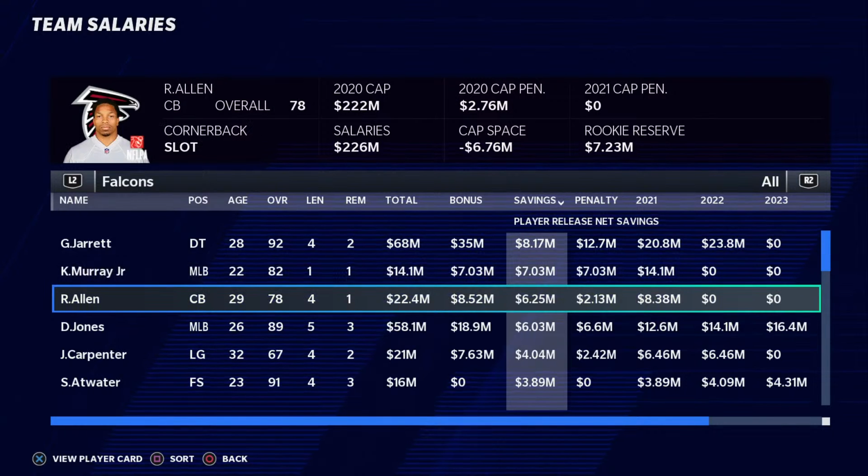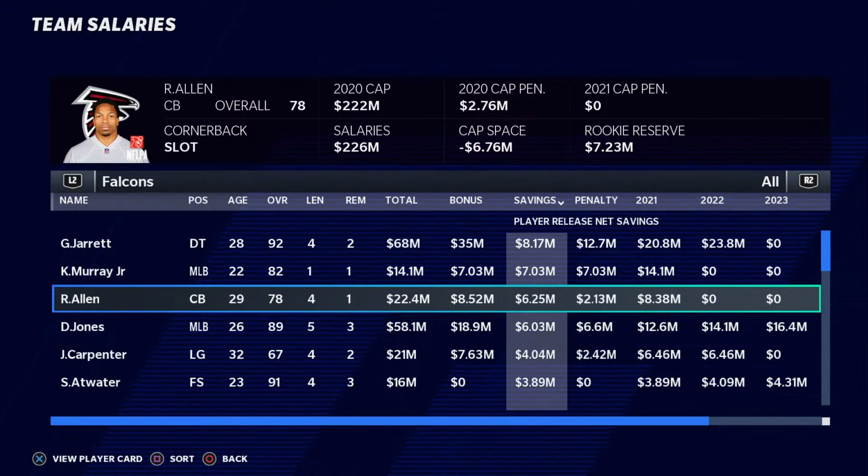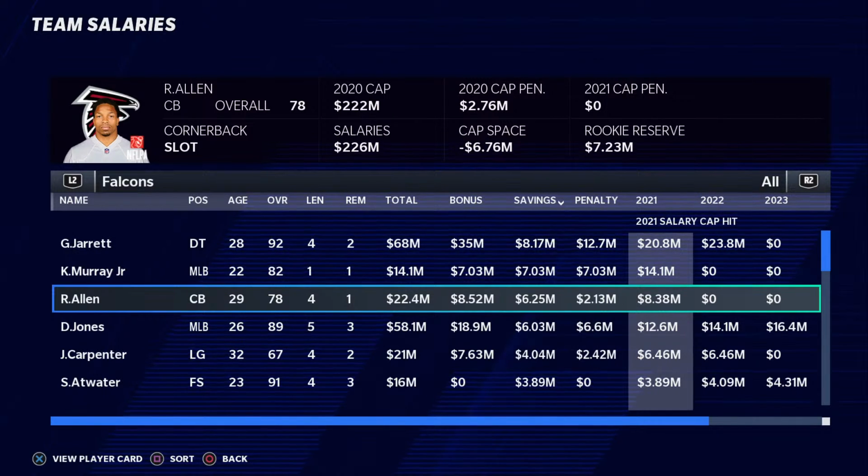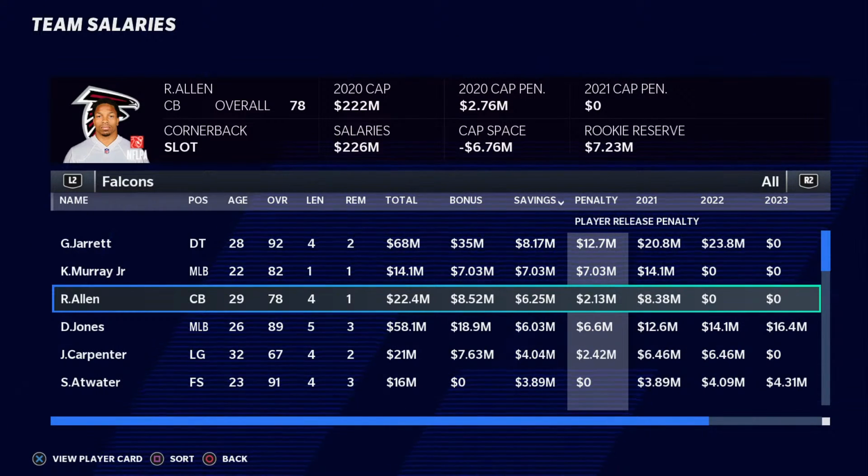He's good. Okay, this 78 overall cornerback, if I cut him, 6.25 savings. That would knock my cap space down to a negative what? 0.50 million? And there's only a small cap hit of 2 million.